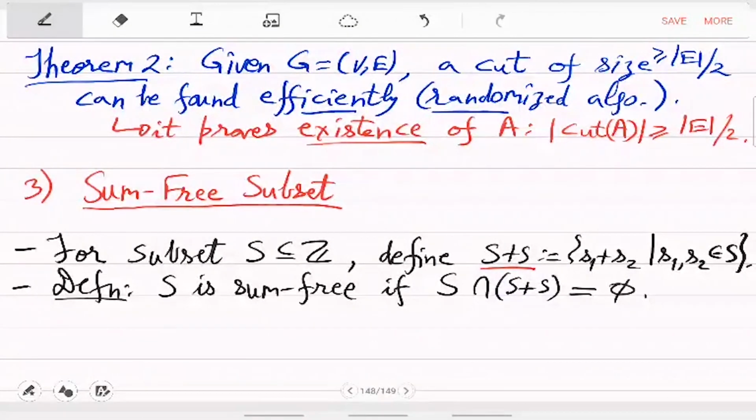In other words, there are no s1, s2, s3 in S such that s1 plus s2 is equal to s3.